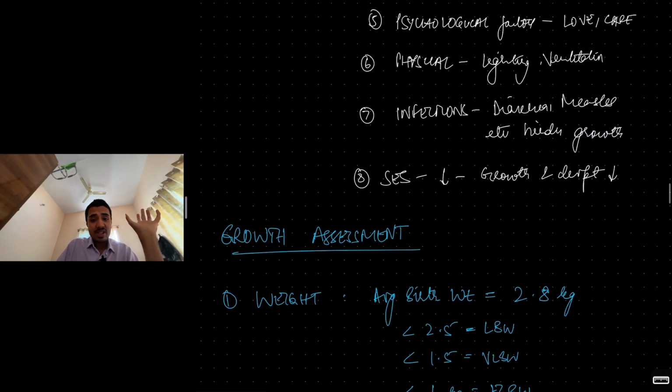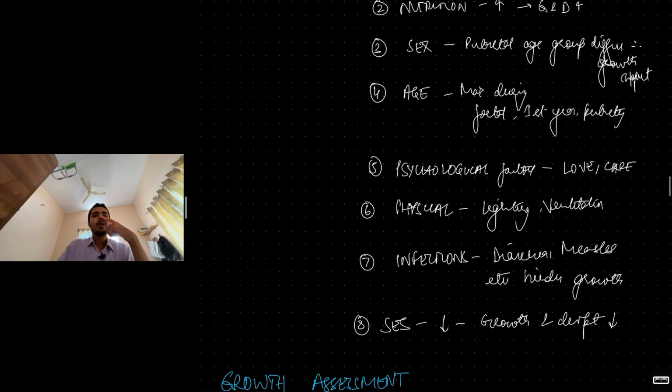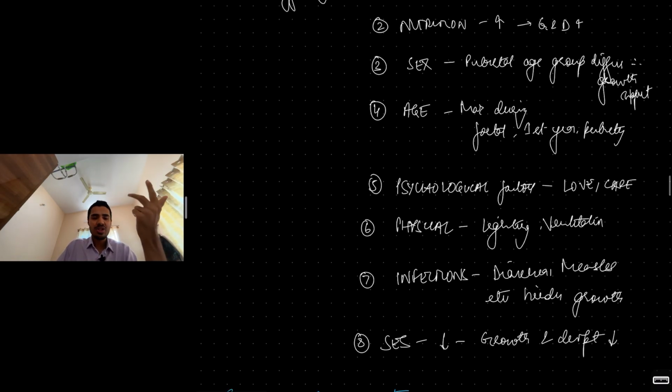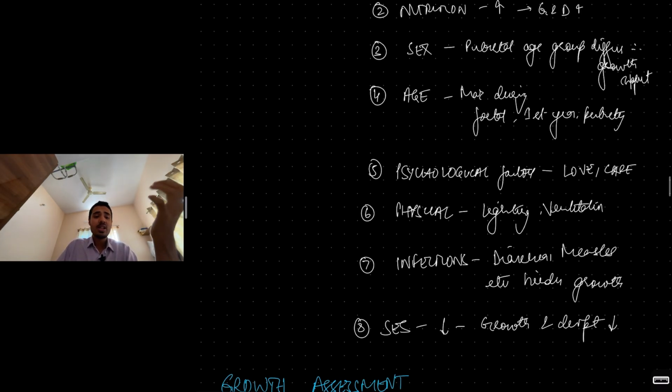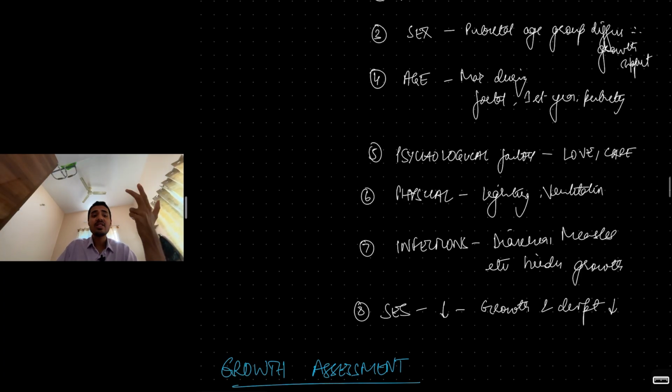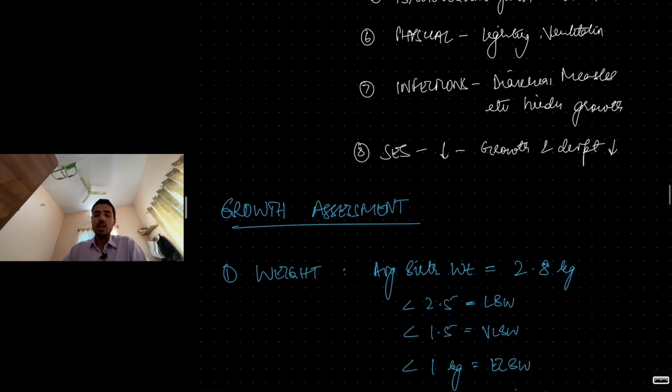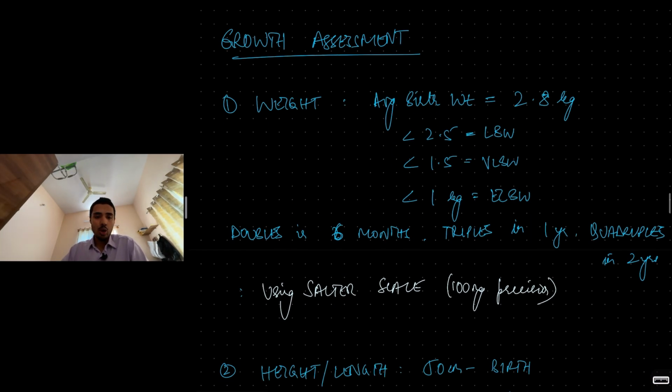Socioeconomic status: poorer patients, lack of sanitation, lack of good quality nutrition, all that will lead to decreased growth and development. So just use a bit of common sense. Some factors: genetics, nutrition, age, sex, socioeconomic status, psychological factors, physical factors, infections. Anything that can improve growth, anything that can hinder growth, all that you can add.